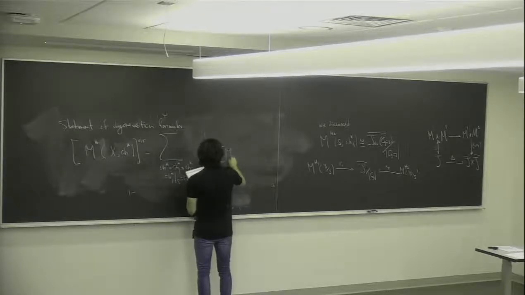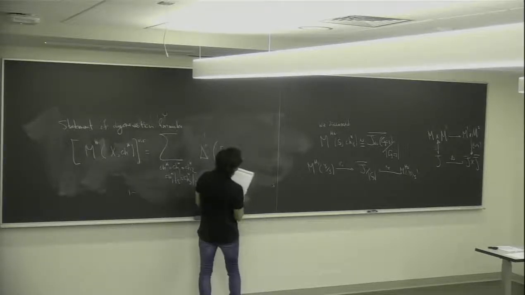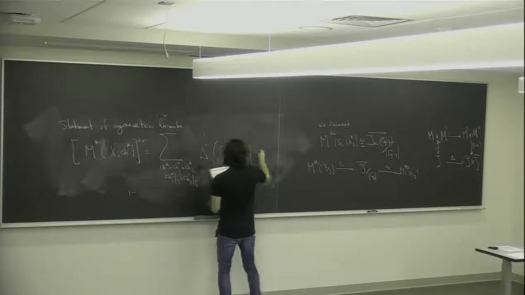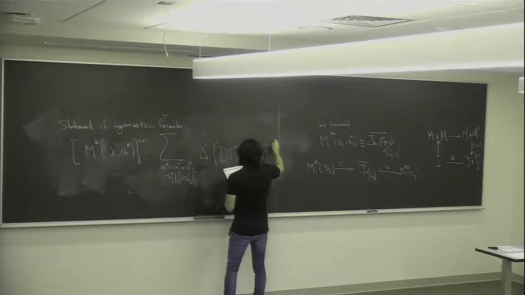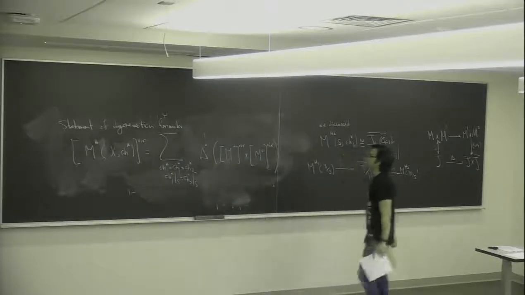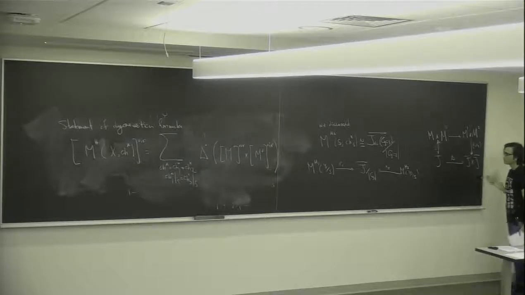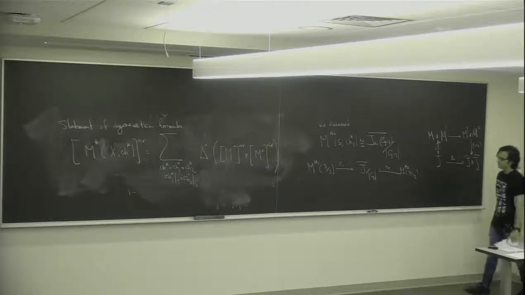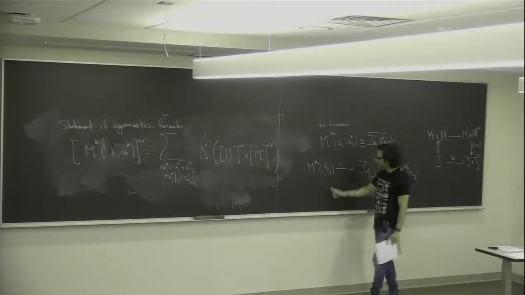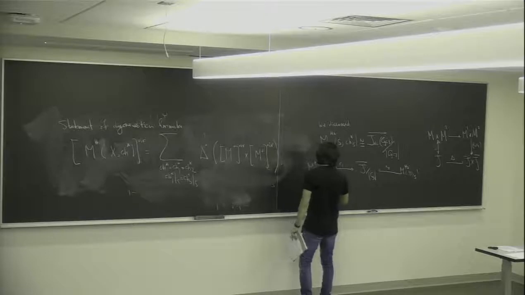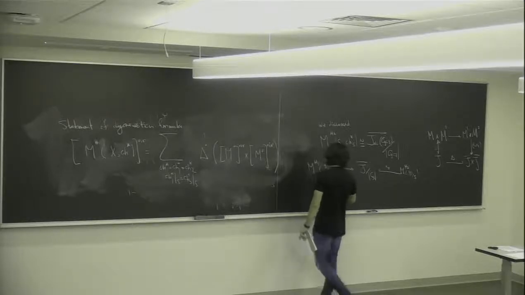So M1 virtual times M2 virtual. It is really like inside the middle six-dimensional space, the virtual cycle of M1 sits inside A3 of M1.